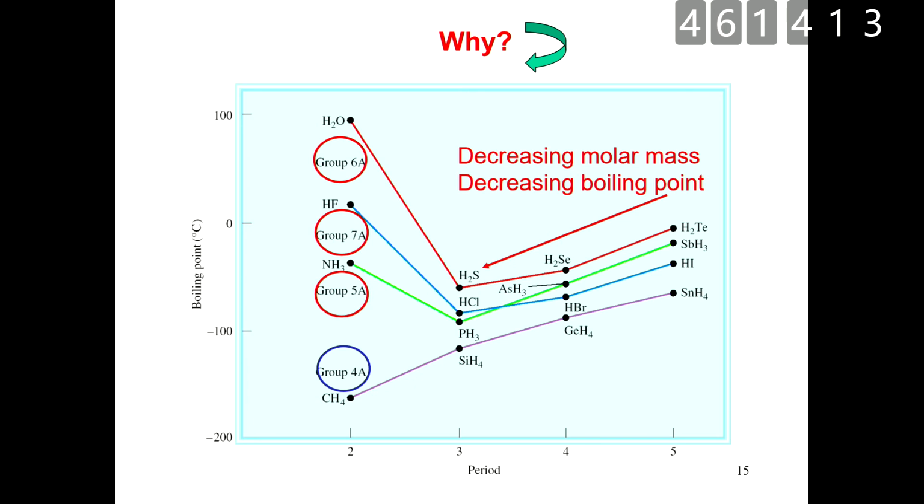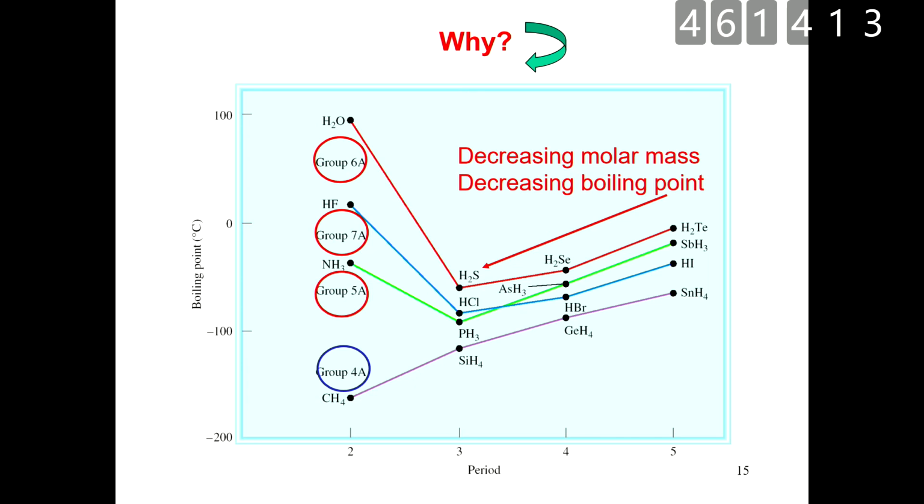But these three have a much higher boiling point than this one. So we can say the trend of these three is different from this one, right? So now the question is, why do these three compounds have a much higher boiling point?